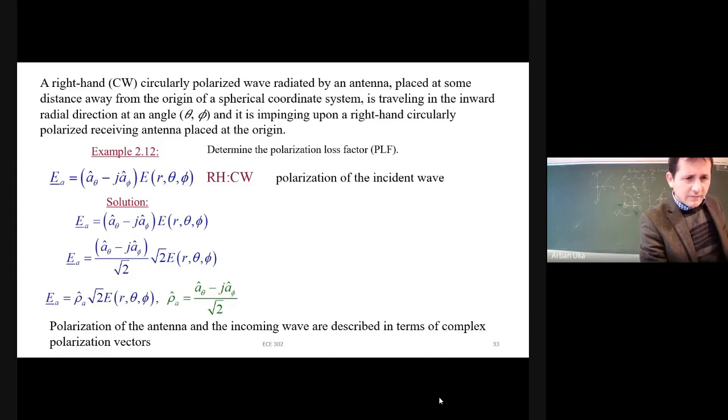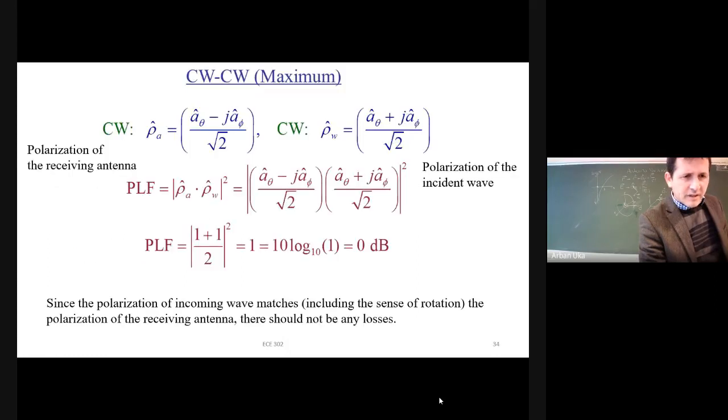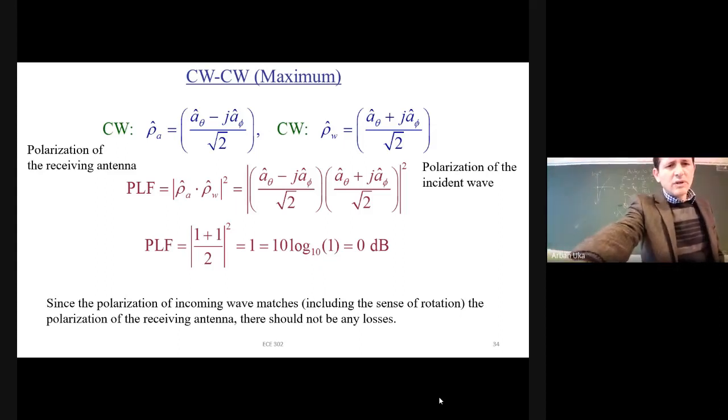So this is the polarization of the antenna, we are given here rho A, and the polarization of the wave is given in this slide as rho V. Similar to the previous example, all we need to do is calculate the dot product, or scalar product, between these two unit vectors.